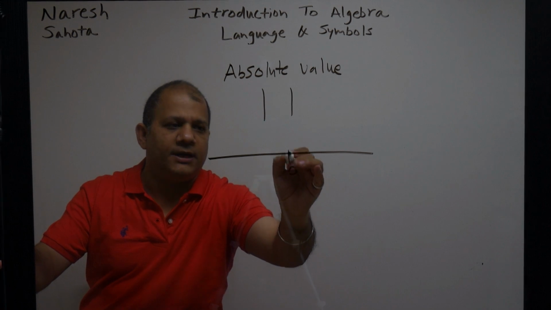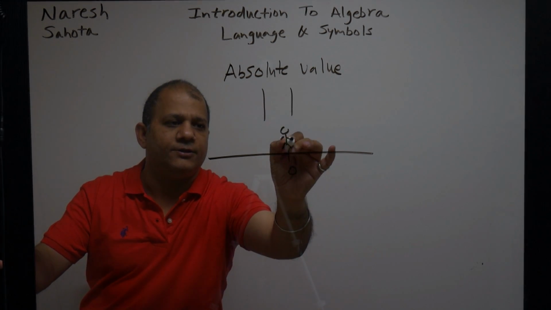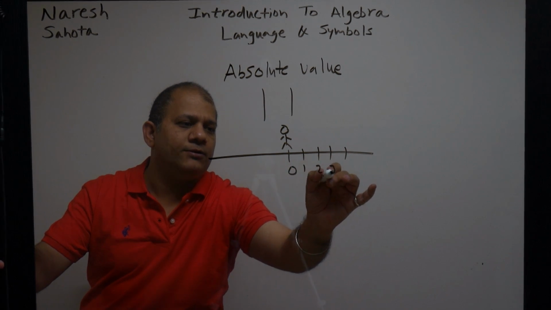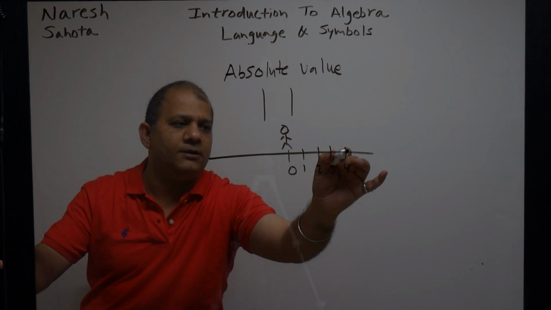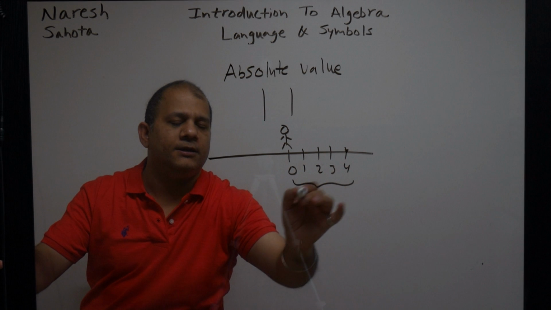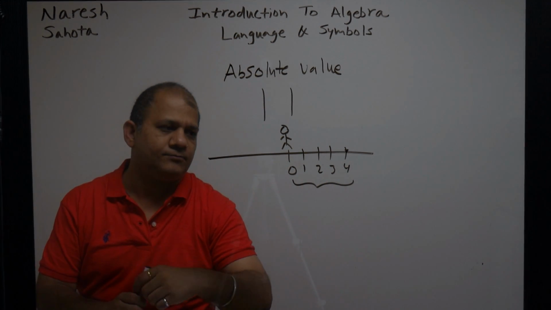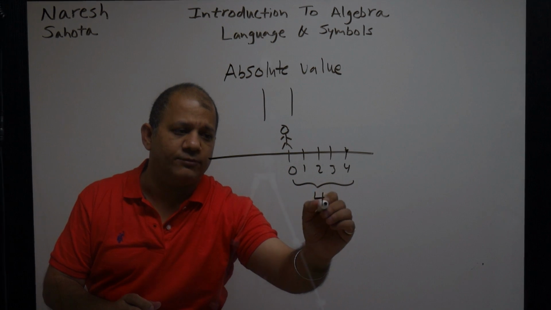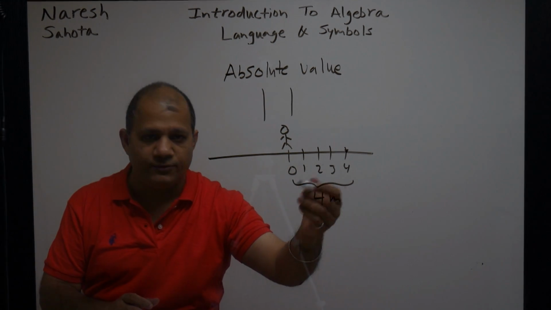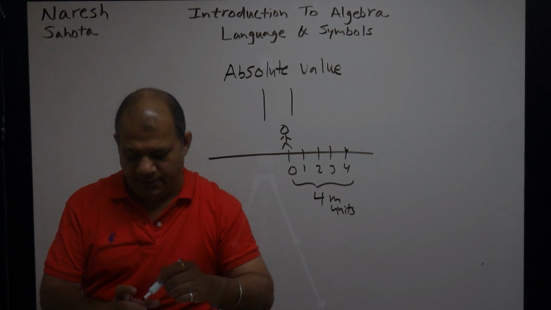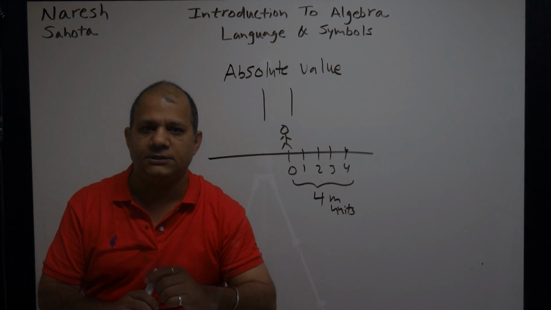Let's say you are here at the center, and you walk 4 units away. From here to here you walk, and the question I can ask you is, what's the amount of distance you traveled? You'll say, well, I traveled 4 units, 4 meters, 4 kilometers, whatever the units happen to be. So you walked 4 units of distance.